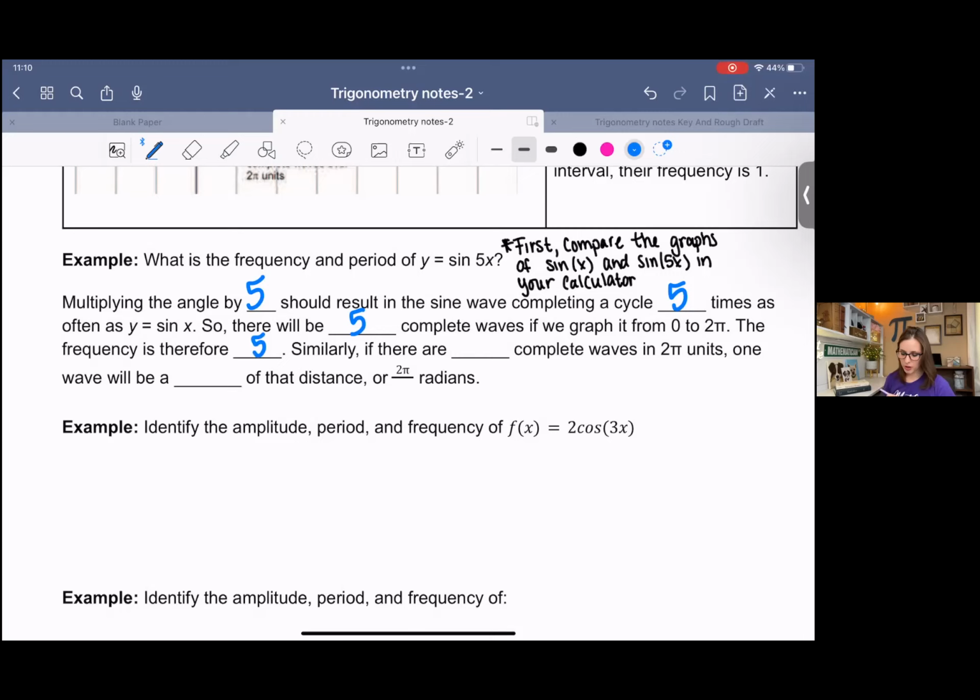And then if we're trying to figure out the period, if there are 5 complete waves in a 2 pi space, then one wave will be 2 pi divided by 5. I skipped ahead, sorry about that. That is a fifth. One period is a fifth, so that is 2 pi over 5.